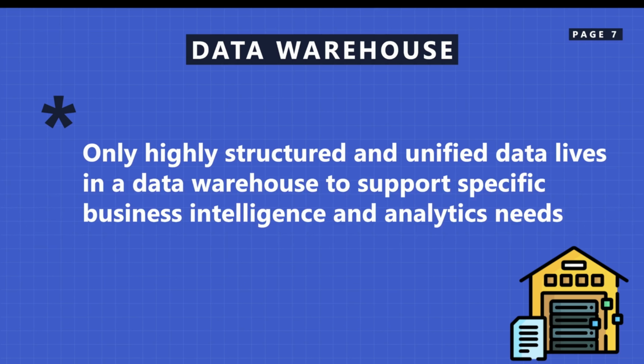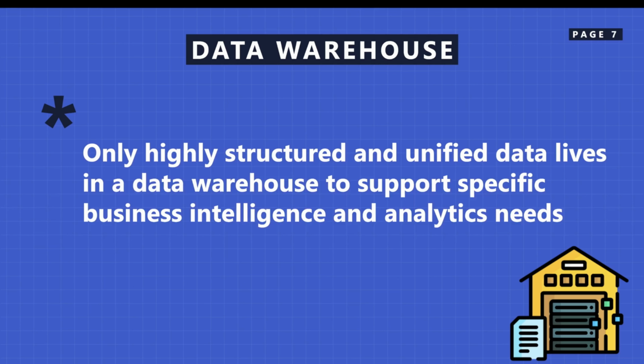To put all the structured data, there is a place called a data warehouse. Suppose a business intelligence or analytics team wants to perform some task, then they will go inside the data warehouse, access the data and perform their task. So this is a place where all highly structured and unified data is stored.